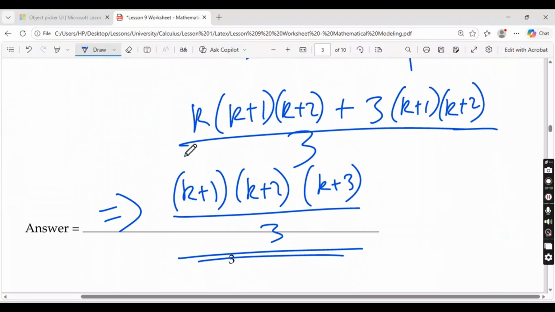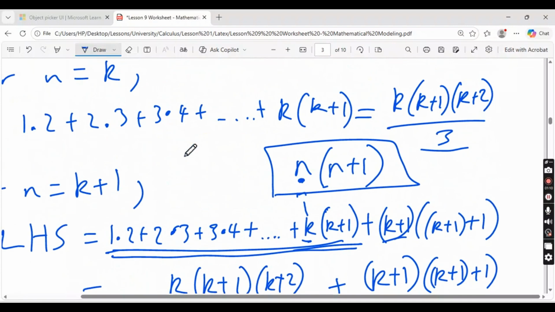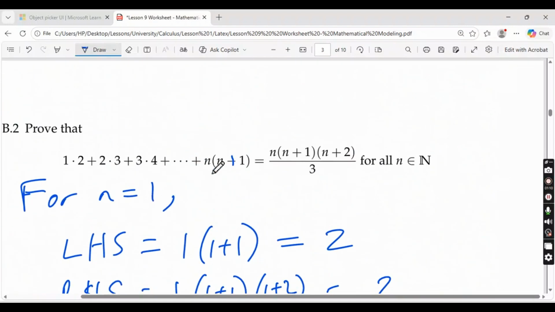Yes. Okay, cool. So now this is the left hand side, right? Okay, what about the right hand side? What do we write on the right hand side?